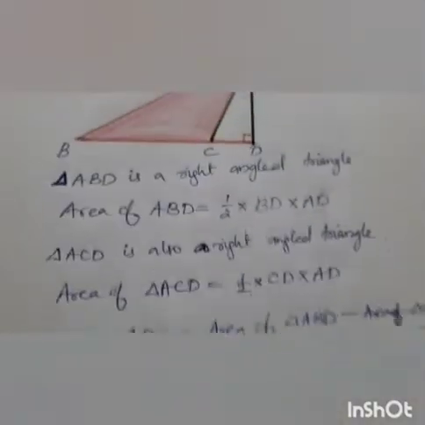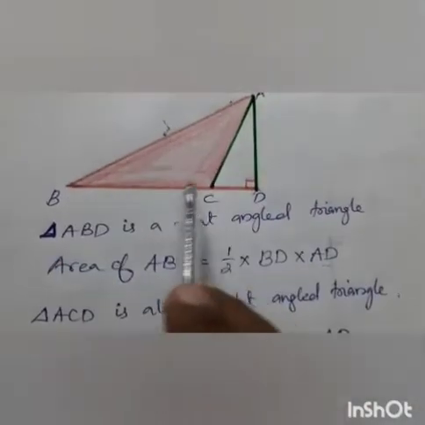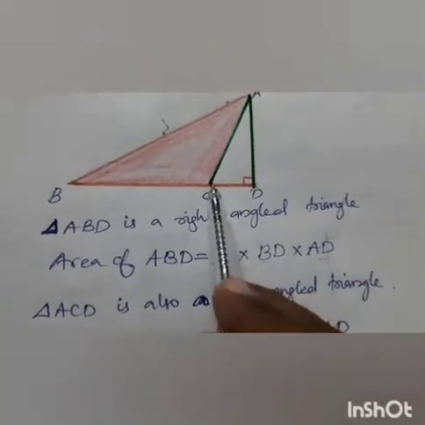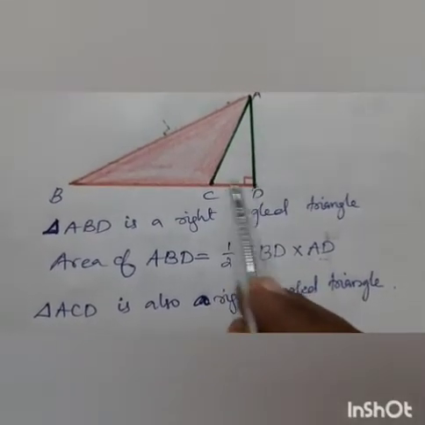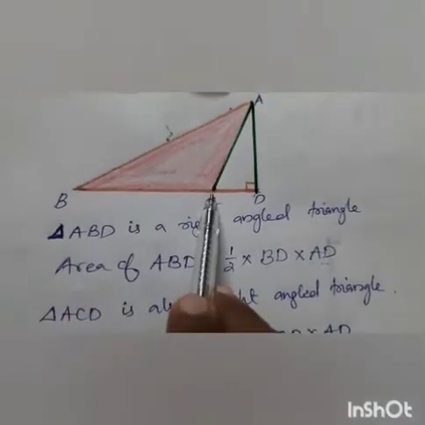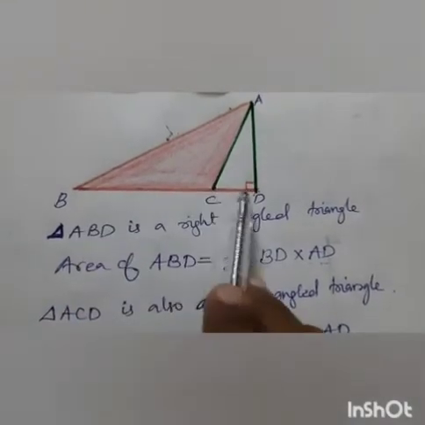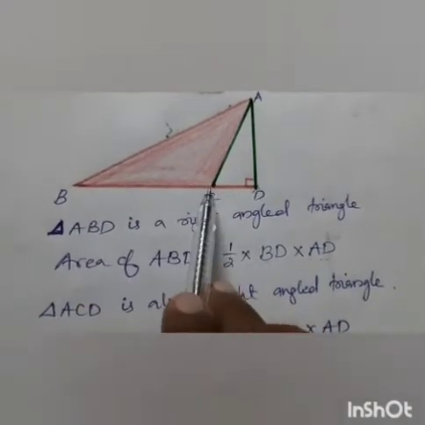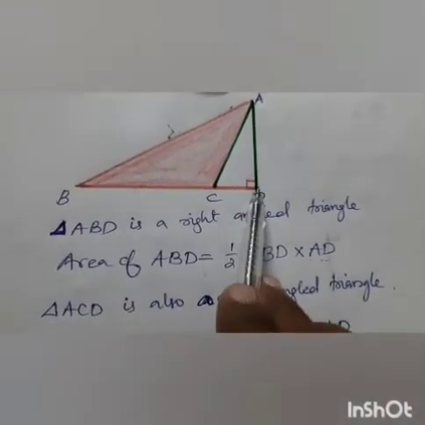BD minus CD. BD is which one? BD is the total base length, minus this smaller length. So BC is equal to BD minus CD.